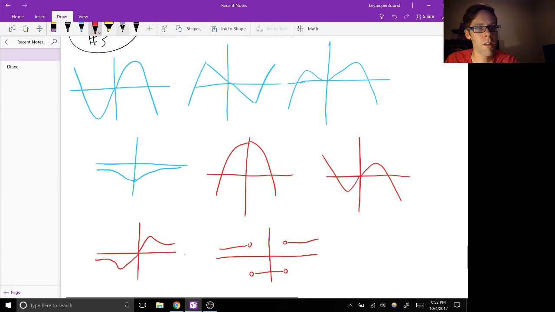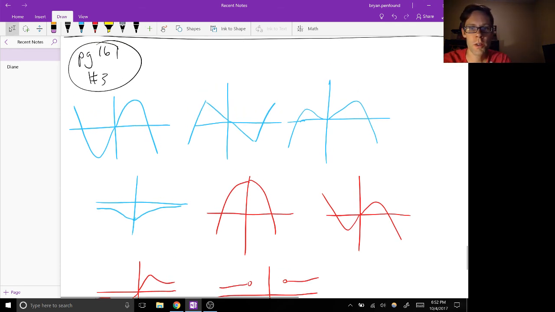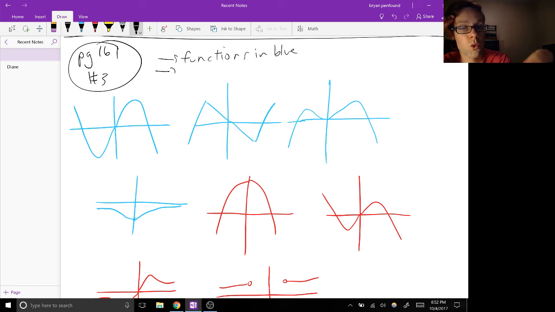I think we have the power to do this. Okay, so what information do we know? Oh, the functions are given in blue. And the derivatives of these 4 functions are given in red. And the goal is to match them up.